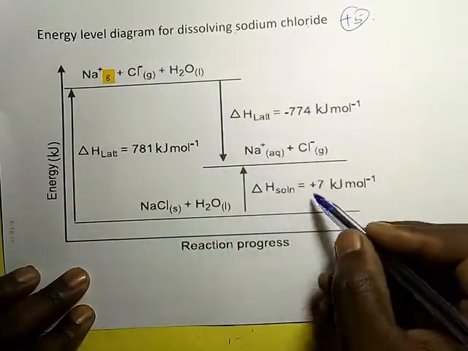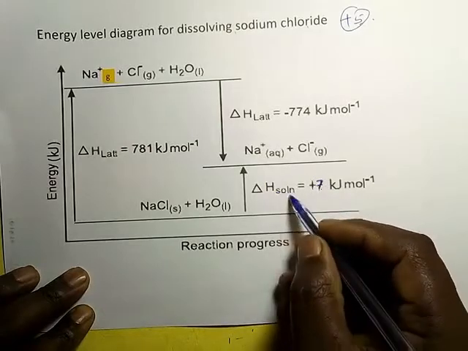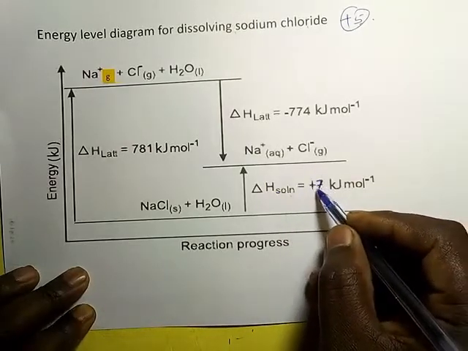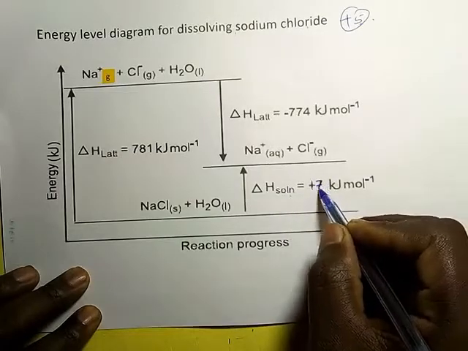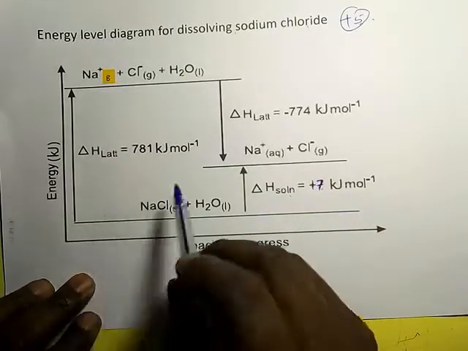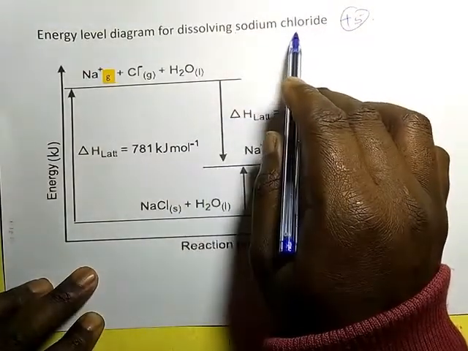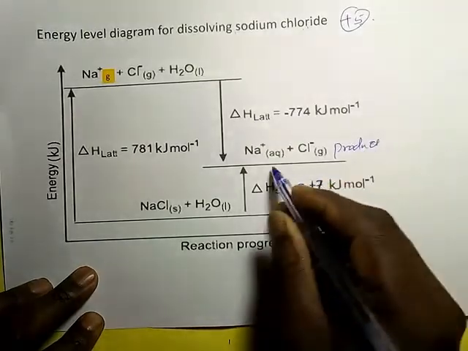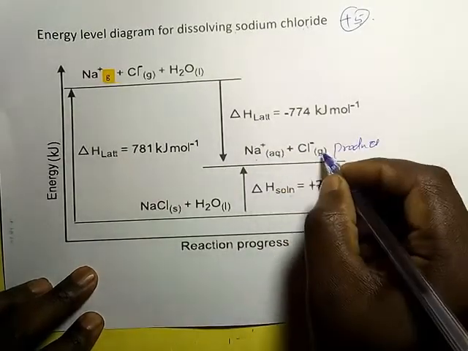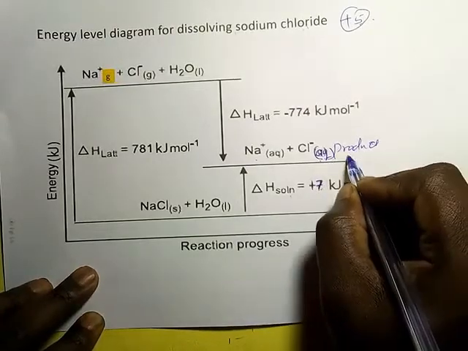The overall here is positive 7, so let me use that. The overall heat change for solution formation is positive 7. The final product formed, because we are dissolving sodium chloride in water, is in aqueous state, AQ. It must be in aqueous state.